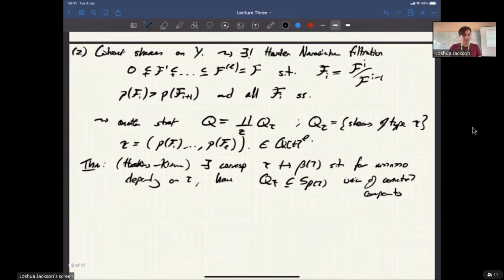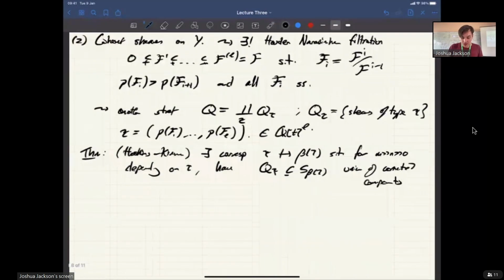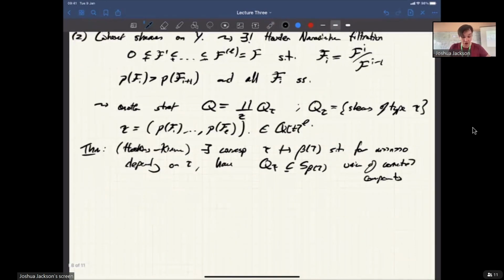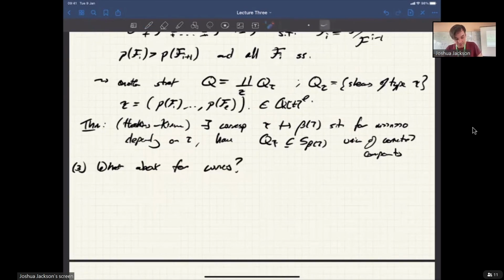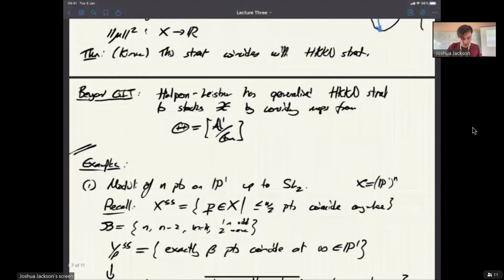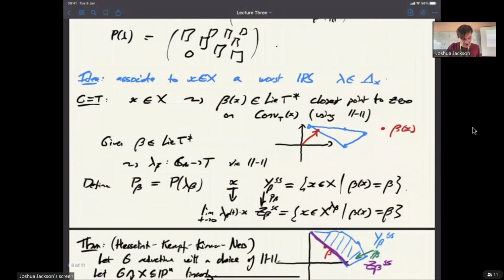Okay, so finally, let me just talk about the case of curves in the last few minutes. So what about for curves? Right, so let's just go back to what I wrote about curves at the beginning here.